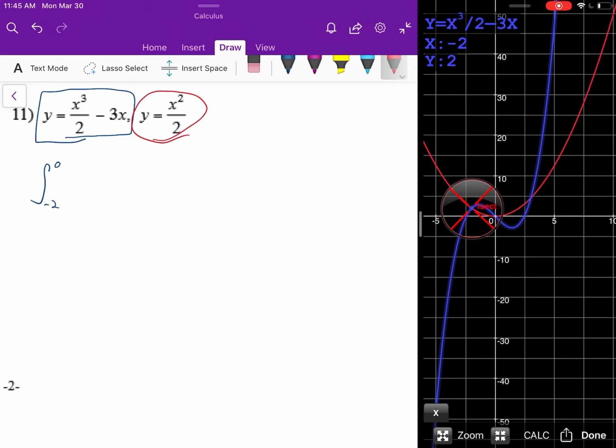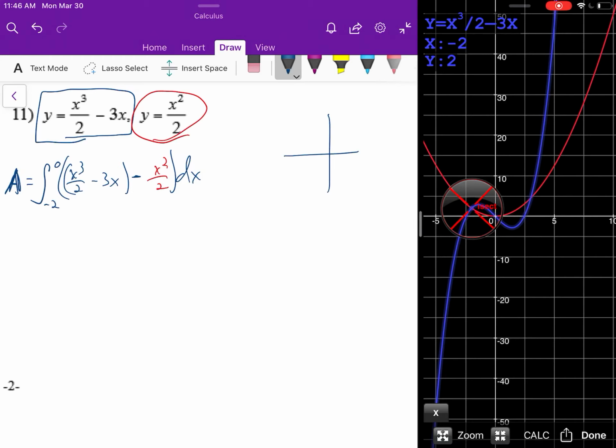Let me mark these again. The blue function, which is x cubed over 2 minus 3x, minus the red function, which is x squared over 2 dx. Let me write something else out here. The area will equal this. That gives us the first part.